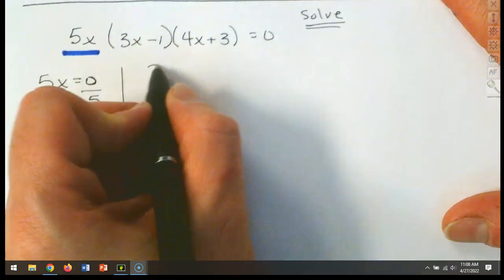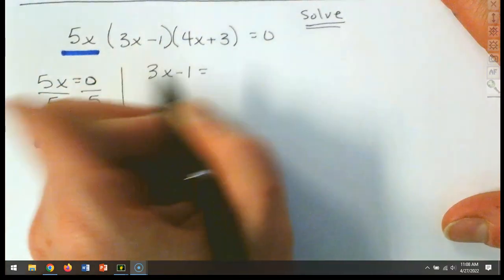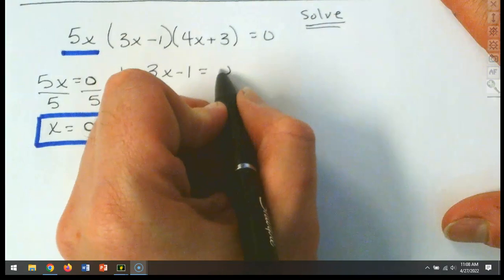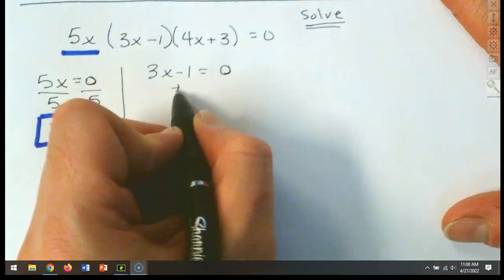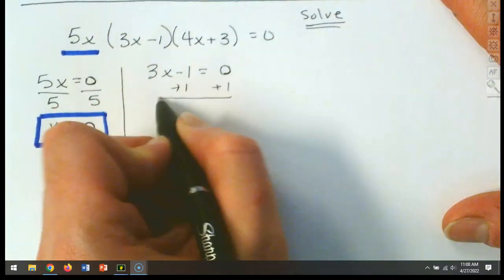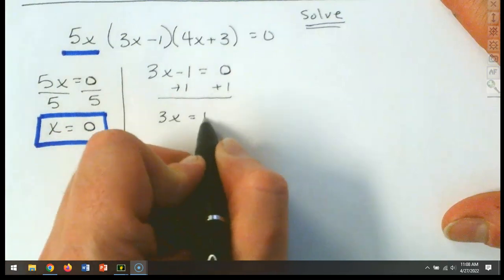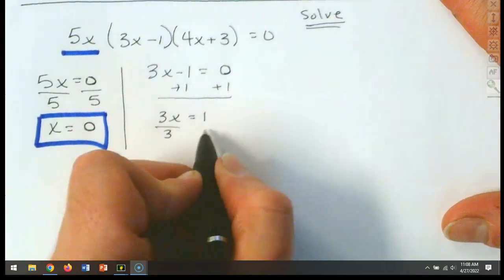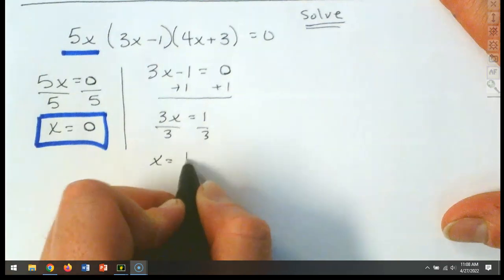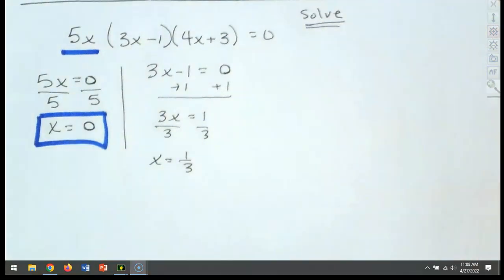What about the next piece? 3x minus 1 equals 0. Add your 1. And now we've got 3x equals 1. Divide by our 3. And so we now have x equals 1/3.